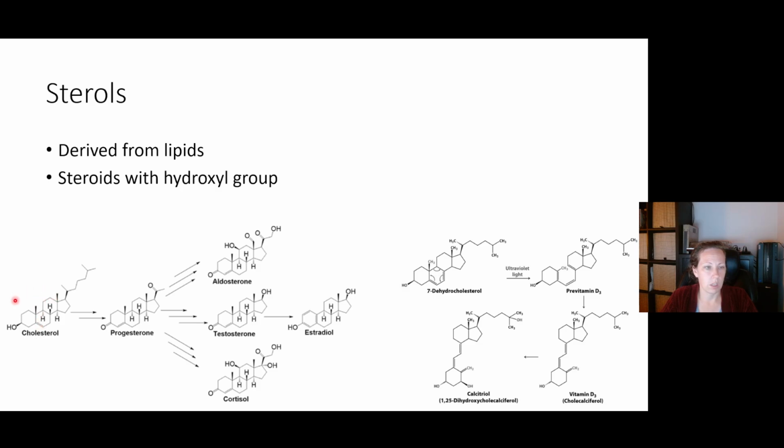Cholesterol is turned into progesterone, which is then turned into aldosterone, testosterone, or cortisol, which is a stress hormone or stress steroid, I guess. Stress hormone. And then testosterone can then be converted to estrogen, which another name for estrogen is estradiol.